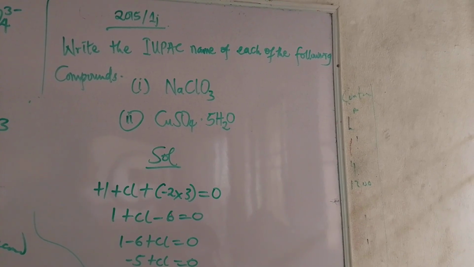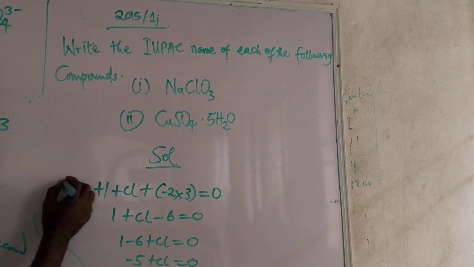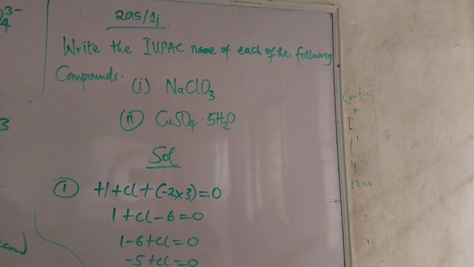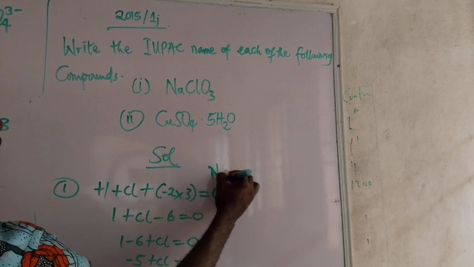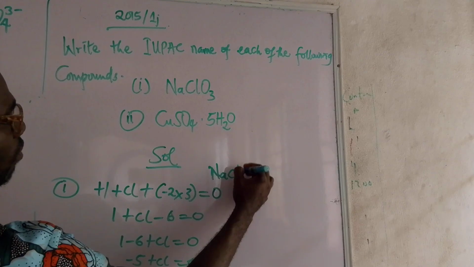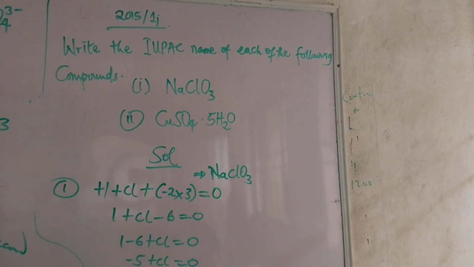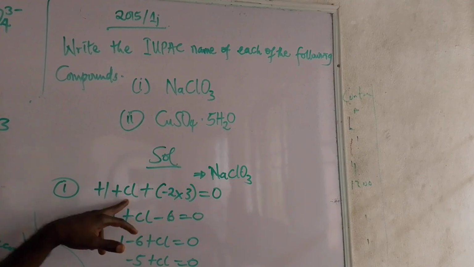Now if you check this, the first one, we can quickly calculate the oxidation state. The oxidation number of the following is this. So sodium is +1, chlorine, we are going to do that.